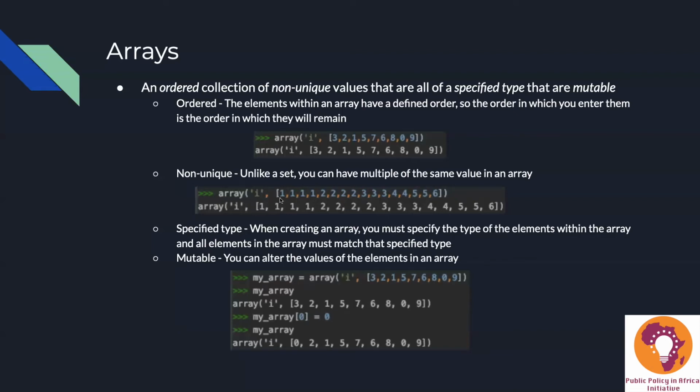And just a quick note on lists, this square bracket, technically what I'm putting in here is a list of values, and then that list of values is cast to an array. So an array is more restrictive than a list, but we'll talk about lists next week.